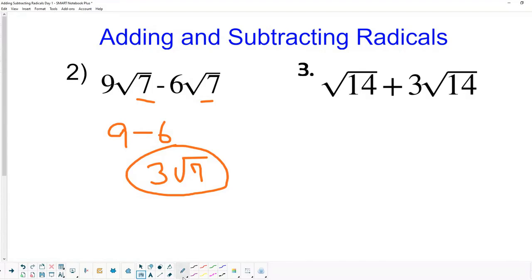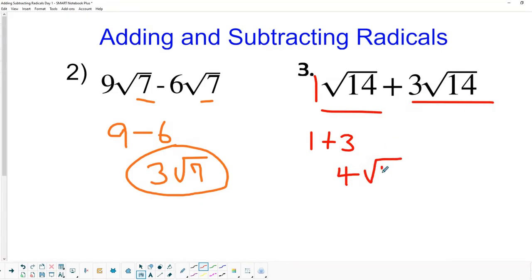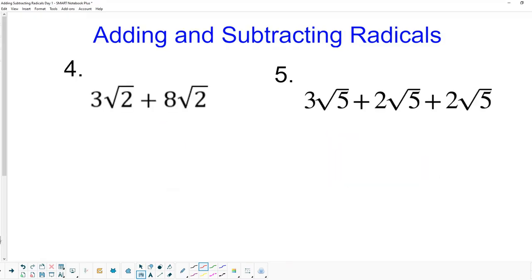Our next one, we have square root of 14 and 3 square root of 14. So think of this as 1 square root of 14 plus 3 square root of 14. So 1 plus 3 would give us 4. And then we have 4 what? 4 square roots of 14. All right, pretty easy looking, huh?